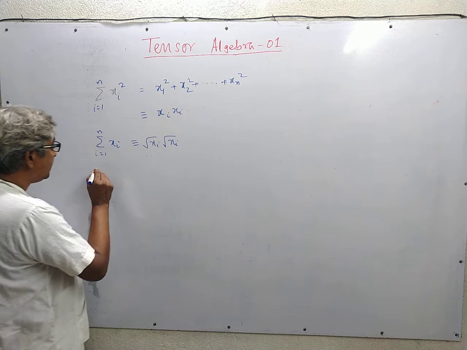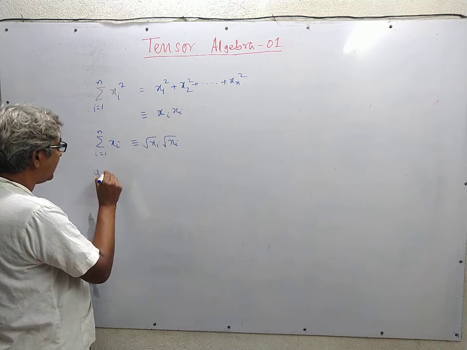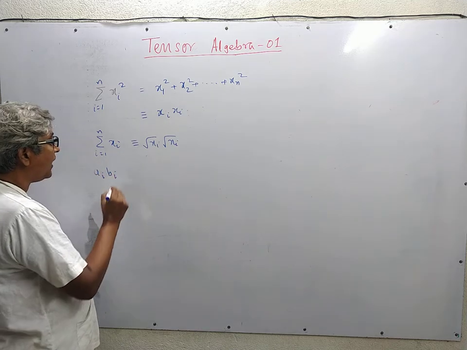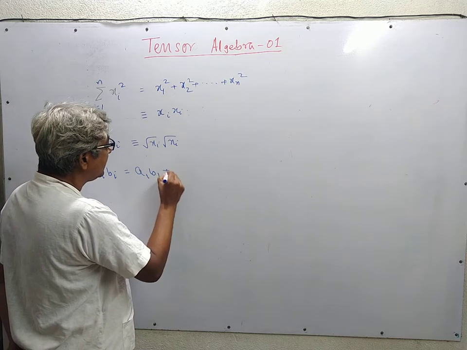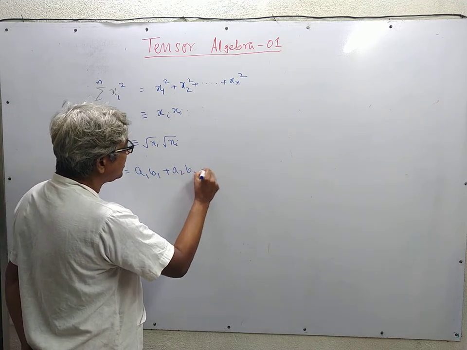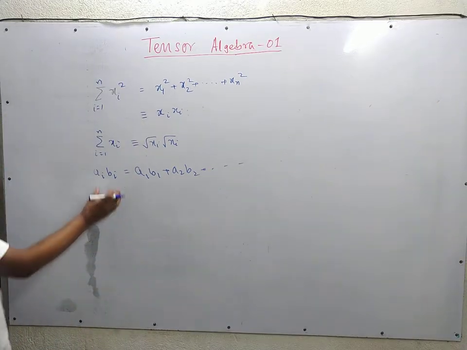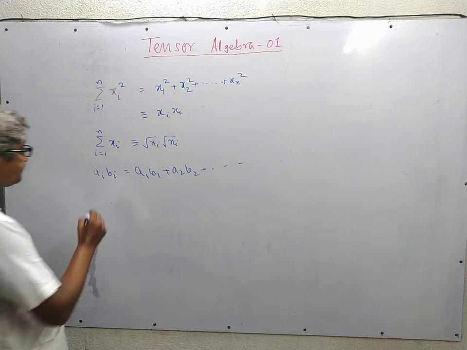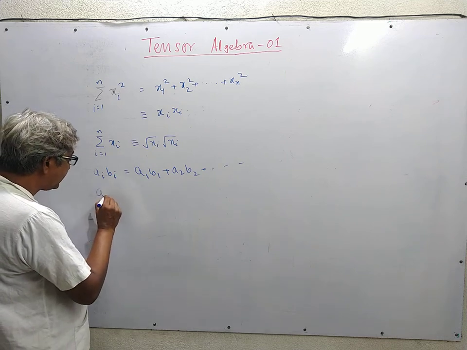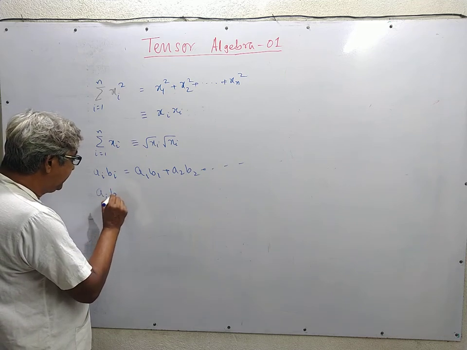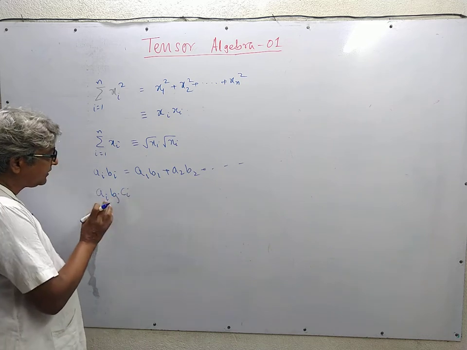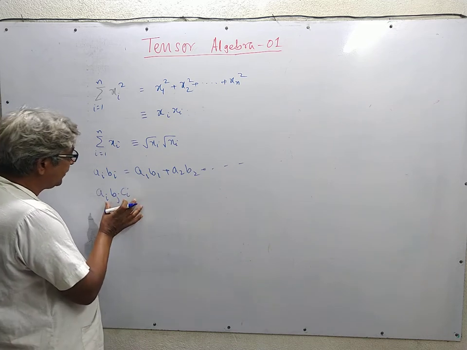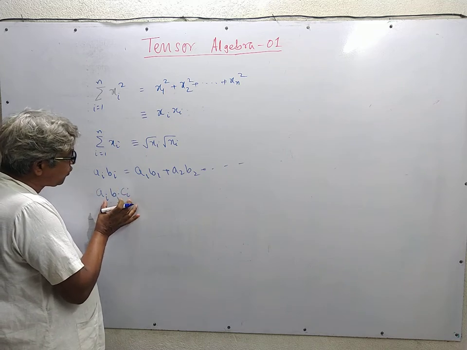As for example, if we write Ai Bi, that means it is A1 B1 plus A2 B2 and so on and so forth, because the index has been repeated. But if we write Ai Bj Ci, then this means that the summation is over i.